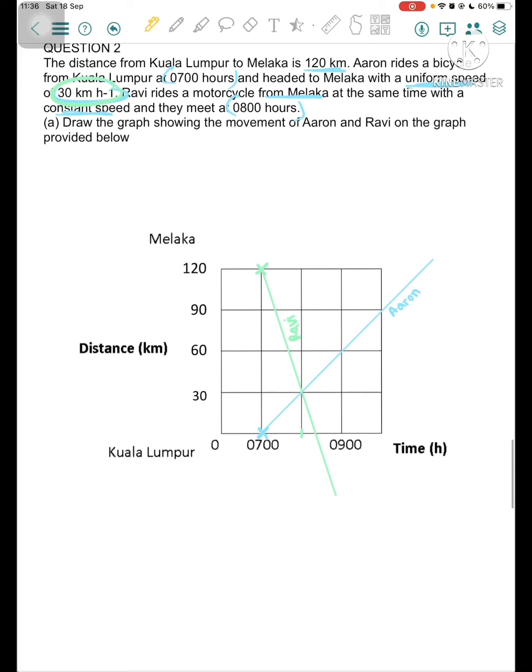So we know that Ravi's speed is constant. So we'll be using his starting point, and that is at 7 hours, and his and Aaron's intersecting point, and that is at 8 hours within this line. We'll be using this to calculate his speed since it's a constant speed.